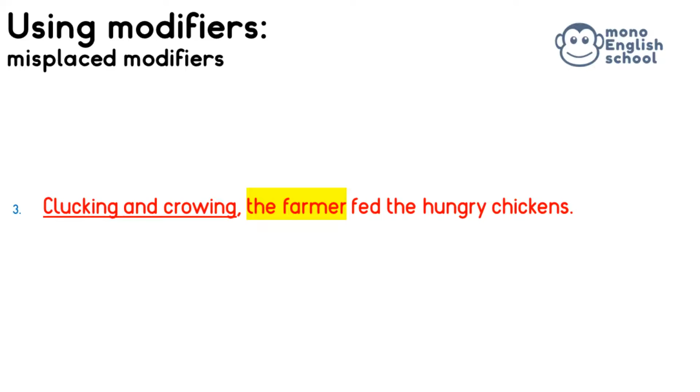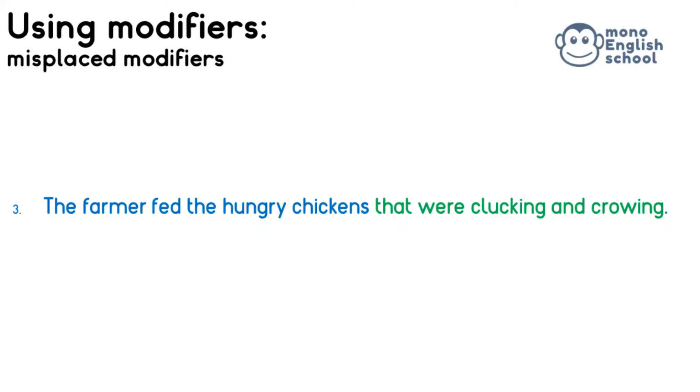Again, we should move the modifier close to the word intended to be modified. This time, some revision is required to create the sentence. The farmer fed the hungry chickens that were clucking and crowing.